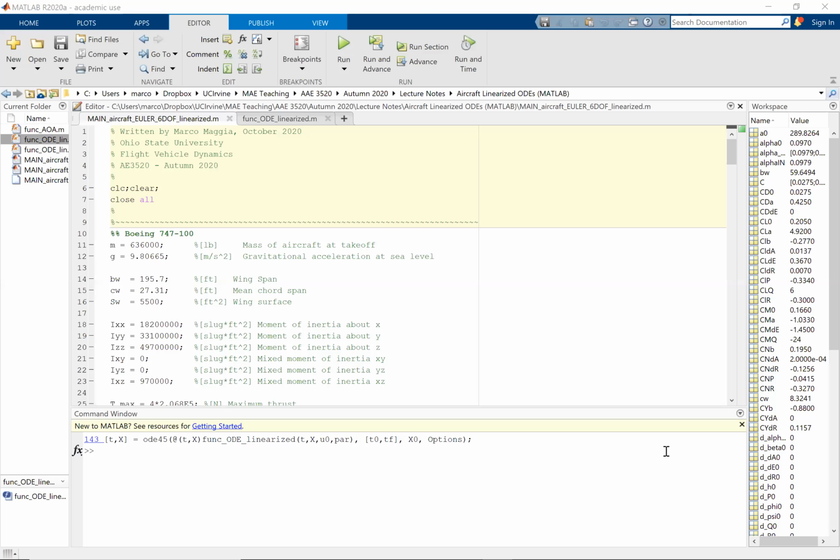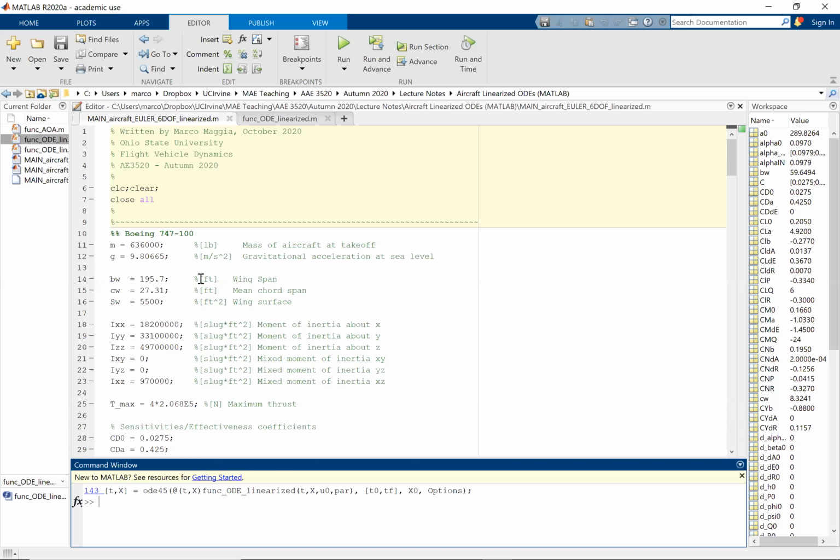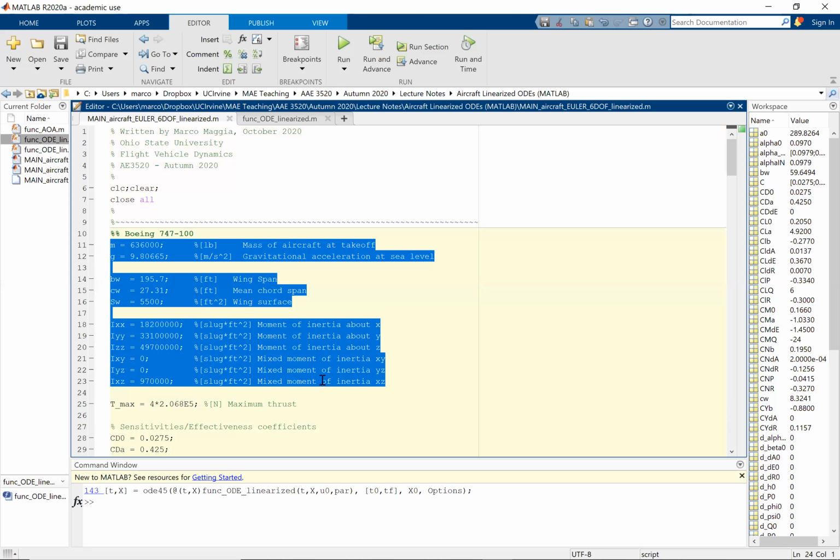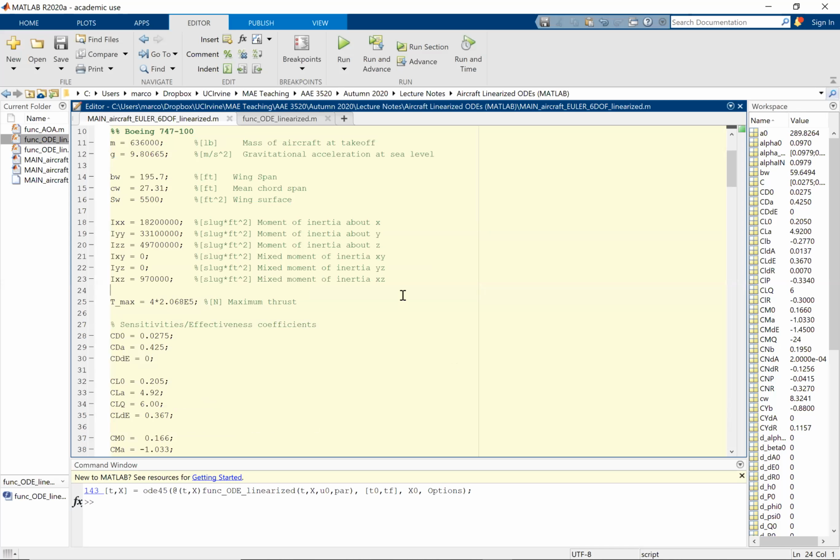All right, so here we have our code, always referring to the Boeing 747-100. So these data here are the same that we've used for homework number 5.